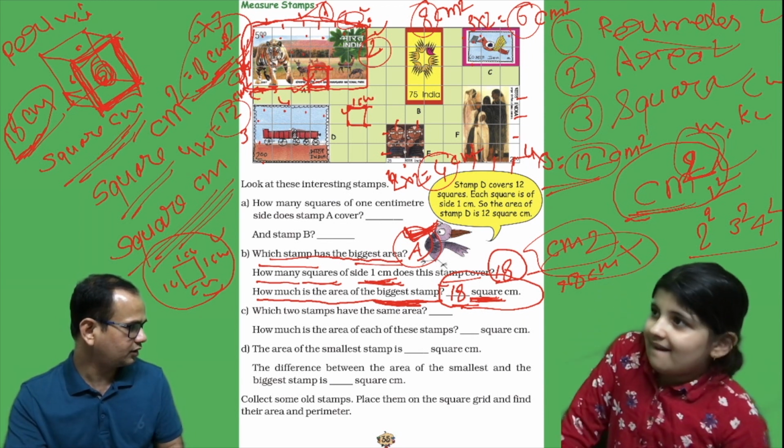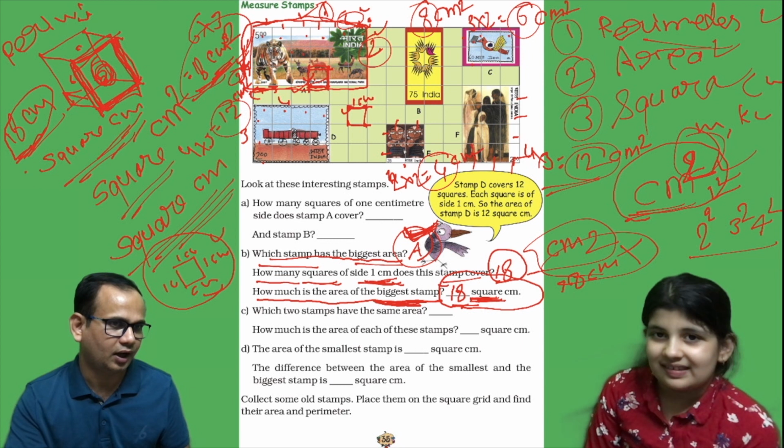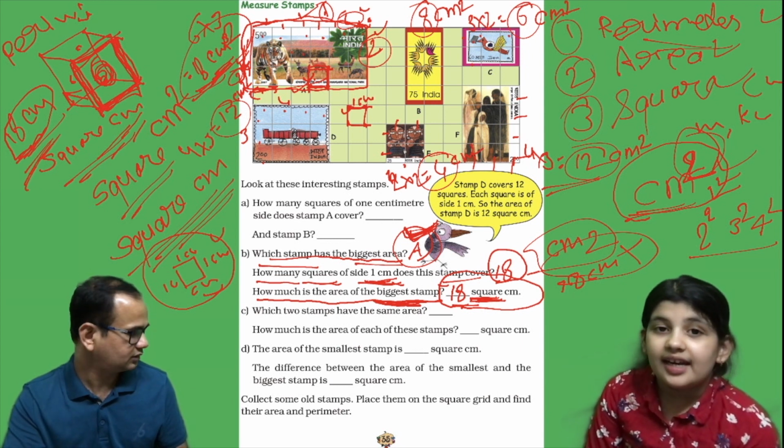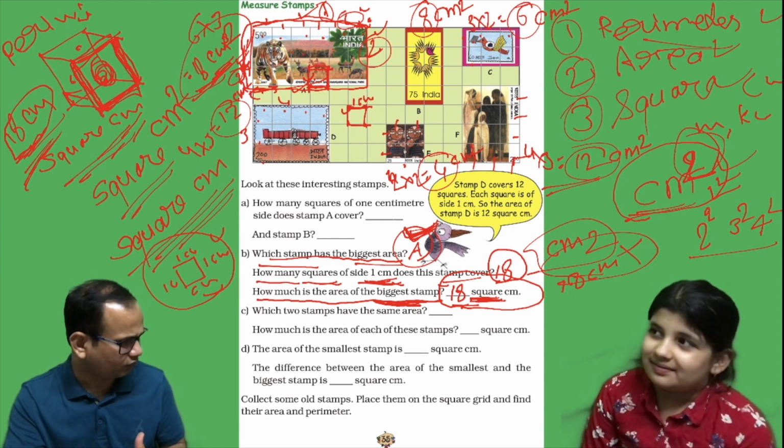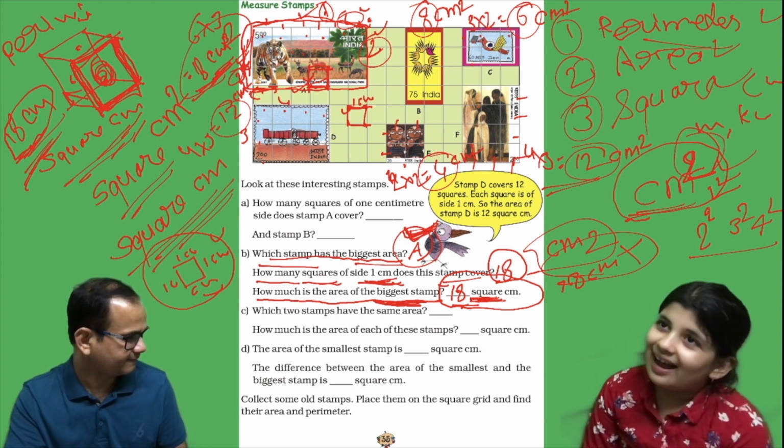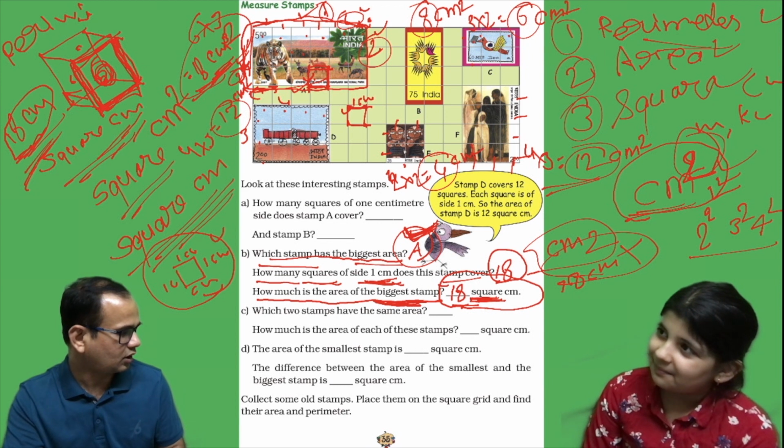That's what you did, na? That's what you told, 18 centimeter. I think I have a doubt about how you did it. I multiplied 6 by 6, 12. Multiplied or added? I added, and multiplication is the same. How can you say?